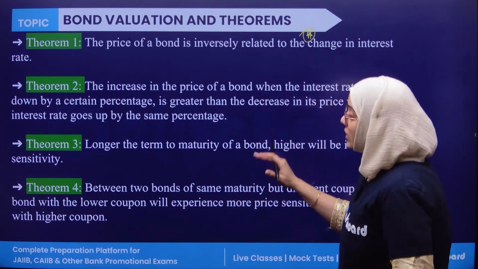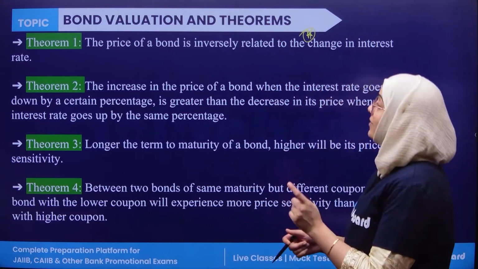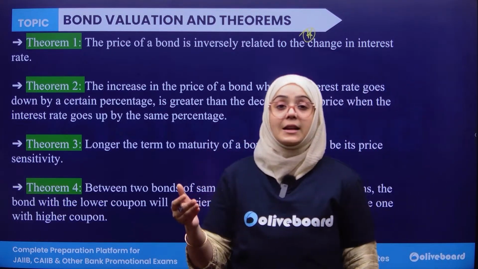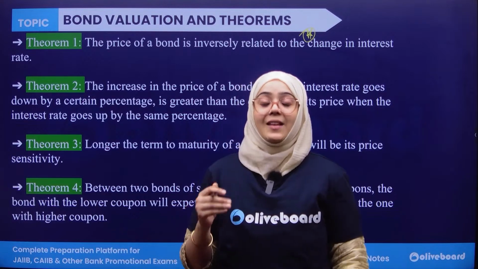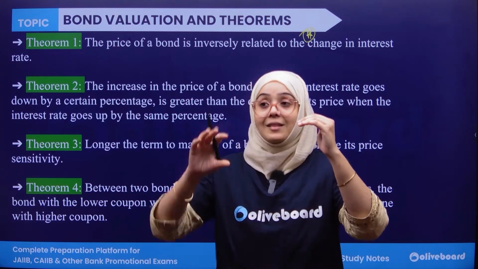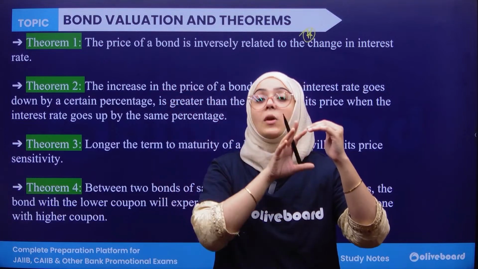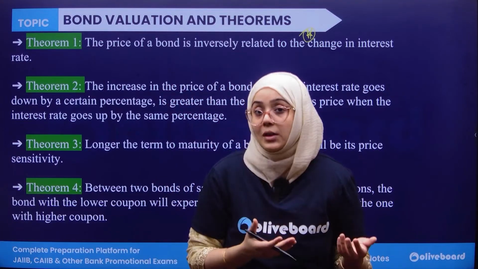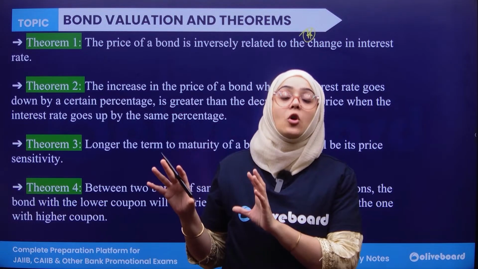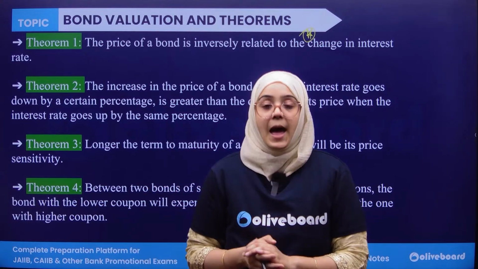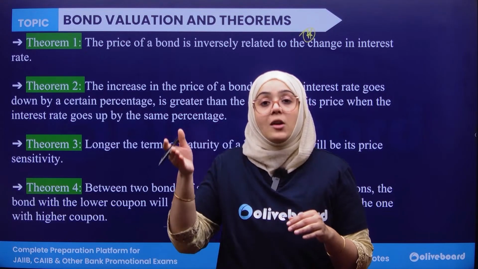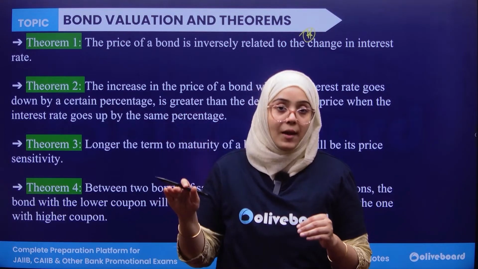Now let's talk about these four theorems. Theorem 1 says that the price of a bond is inversely related to the market interest rate. It means that if the market interest rate rises, new investors are attracted towards the new bond, which gives a higher return, obviously. So the old bond is not demanded by customers, and in order to stay competitive, the older bond's price will be lowered, right?